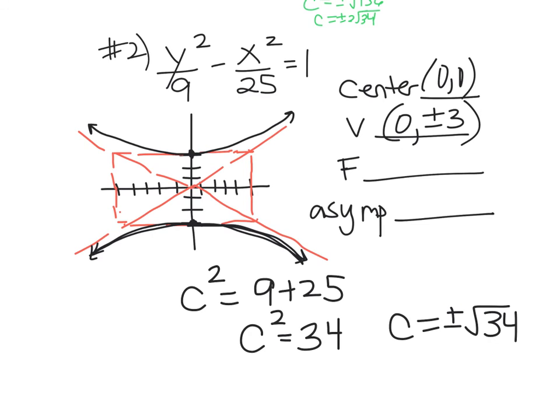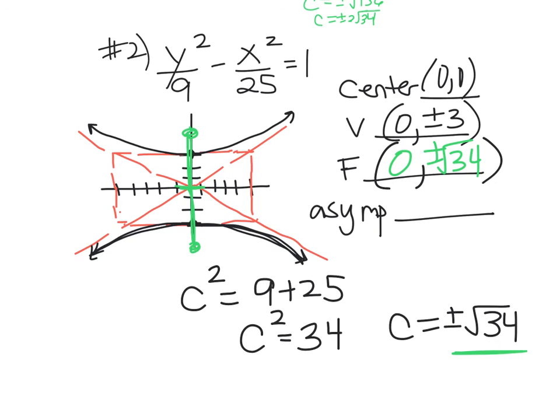So now let's go ahead and write it in our foci points. The foci are going to be a distance away from the center. There's going to be a foci here and a foci there, and they're a distance of rad 34. So this would be 0, plus or minus rad 34.